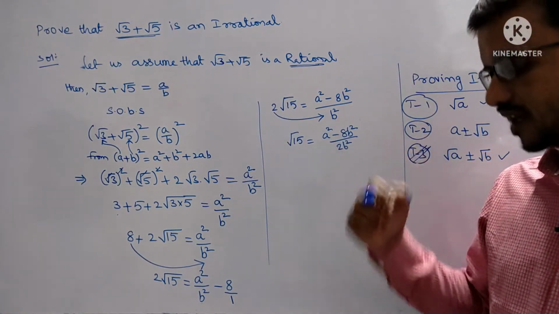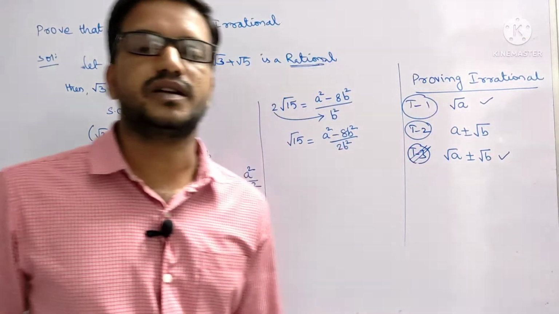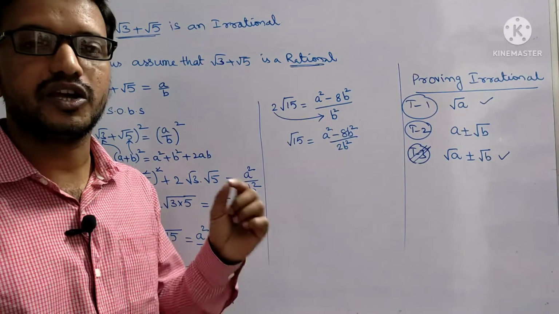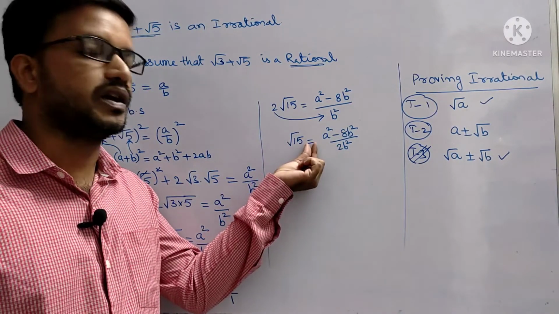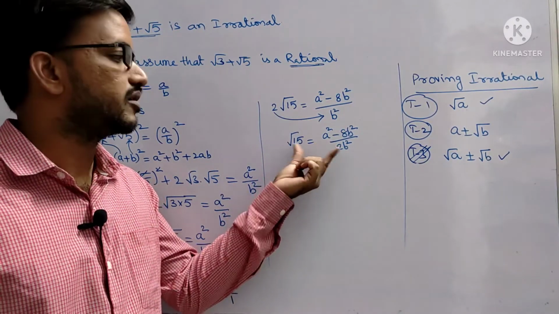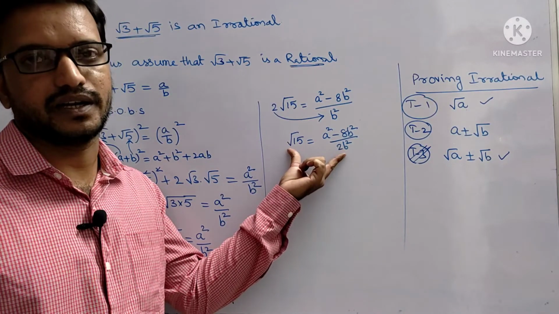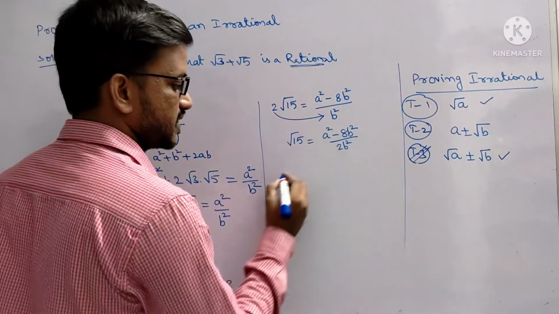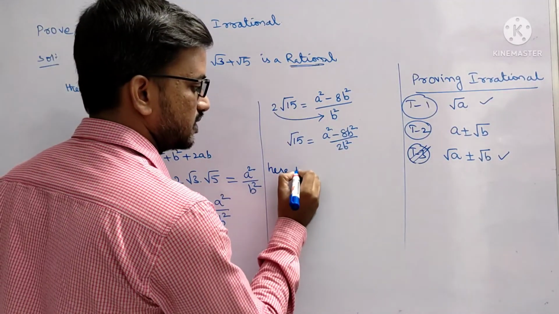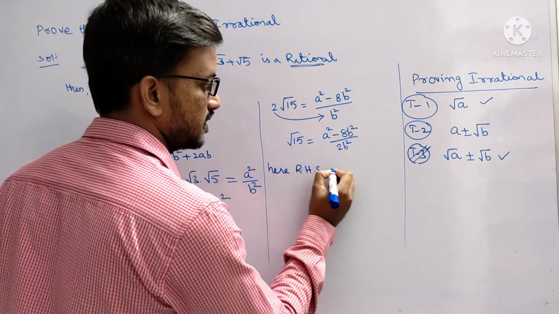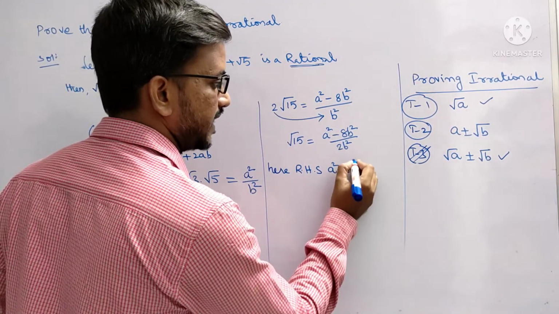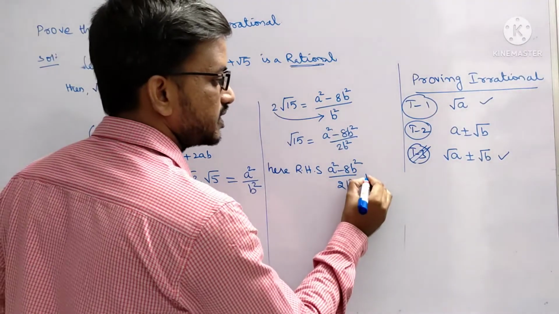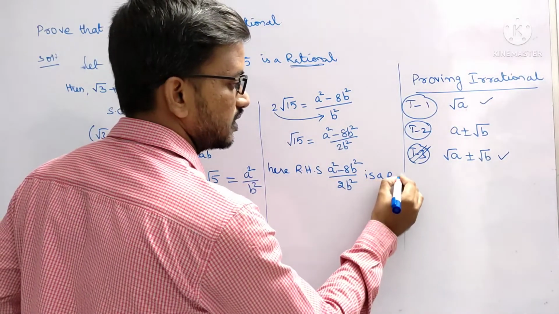Okay, after obtaining this step, observe this carefully. What is the RHS in this equality? As you find the equal symbol, we consider it as an equality, right? In this equality, this is the RHS. Here the RHS, a square minus 8b square by 2b square, is a rational.